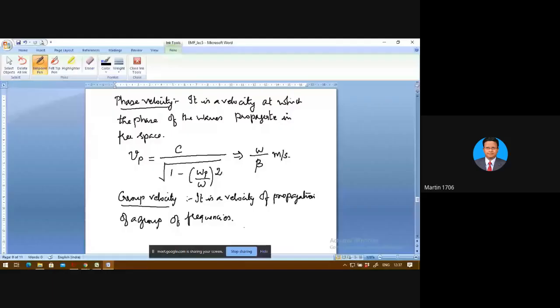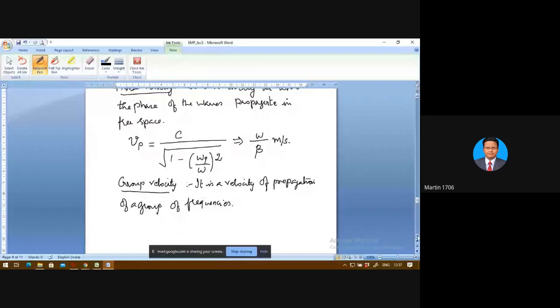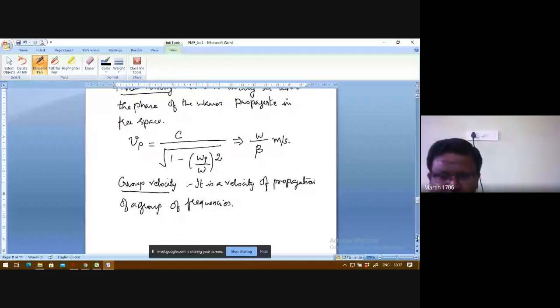Then how is the equation mathematically given? Please see this equation.